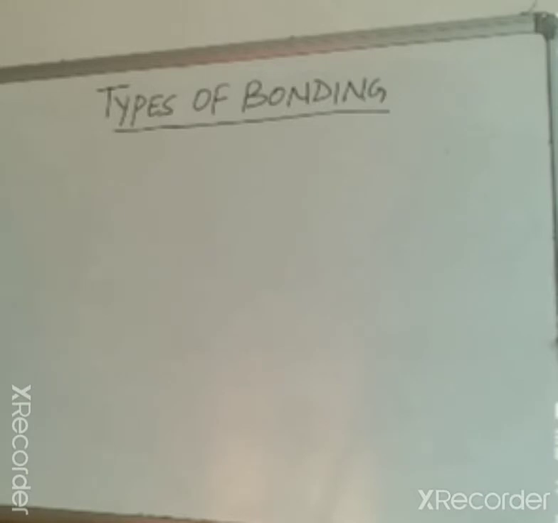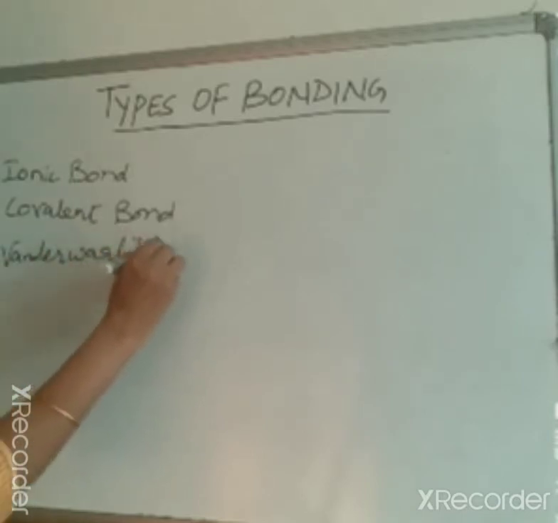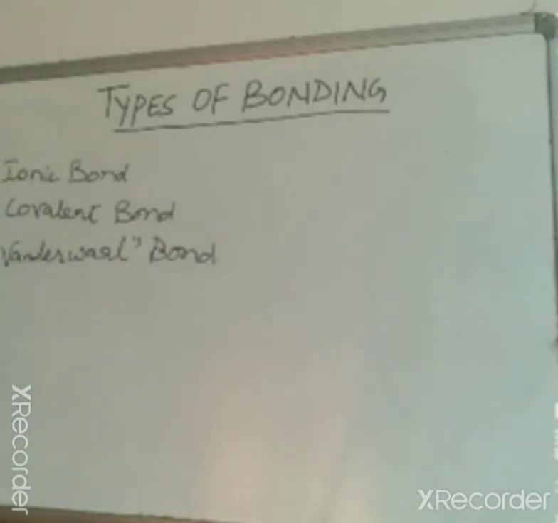Based on this, there are three types of bonding. First is ionic bond or bonding. Second is covalent bond. And third one is van der Waals bond. So first we will discuss ionic bond.